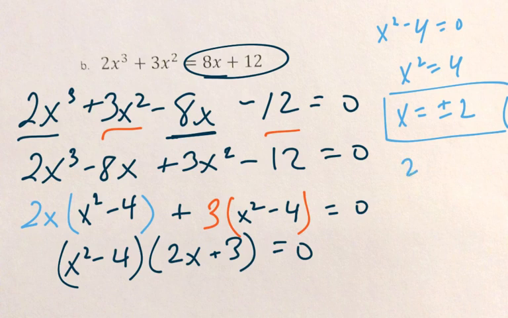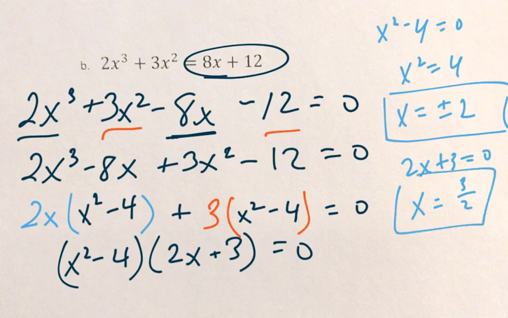Then we have 2x plus 3 equals 0, and so we end up getting x equals 3 halves. Just leave that as a simplified fraction. A nice check is that the degree of this polynomial is 3, and I have 3 zeros: positive 2, negative 2, and 3 halves.